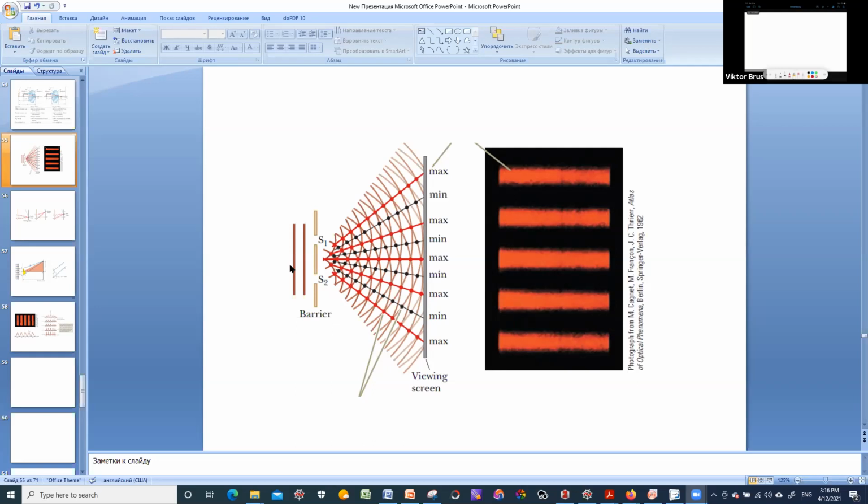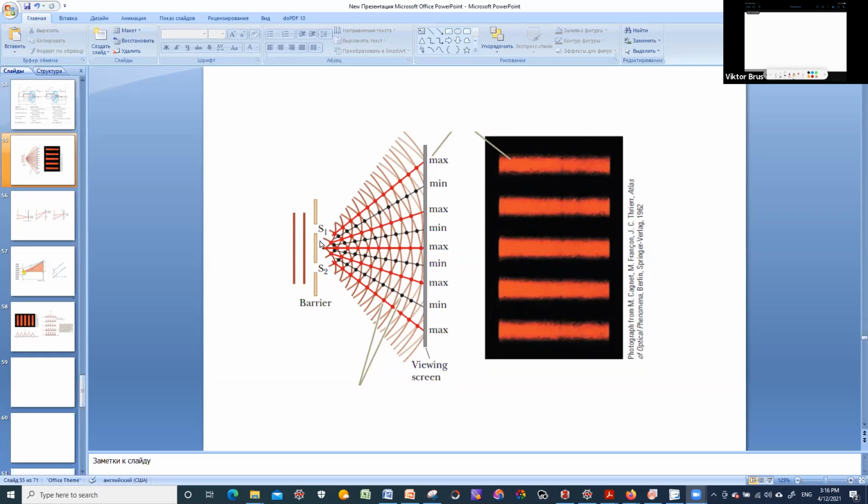So what happens here? We have, as I mentioned, these two slits which work as coherent light sources of monochromatic wavelengths.